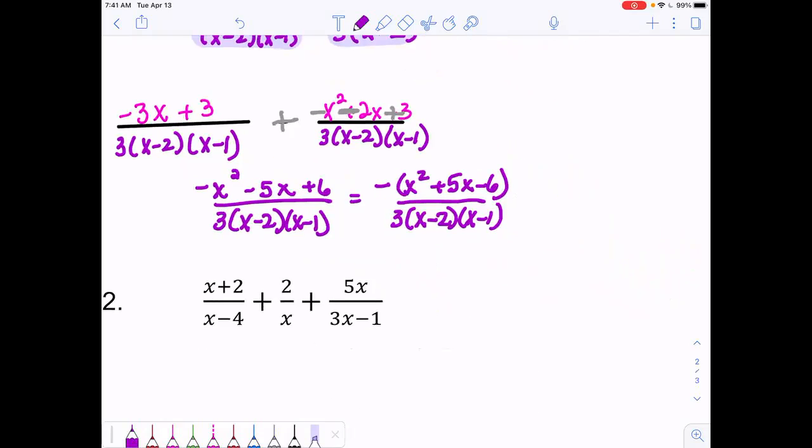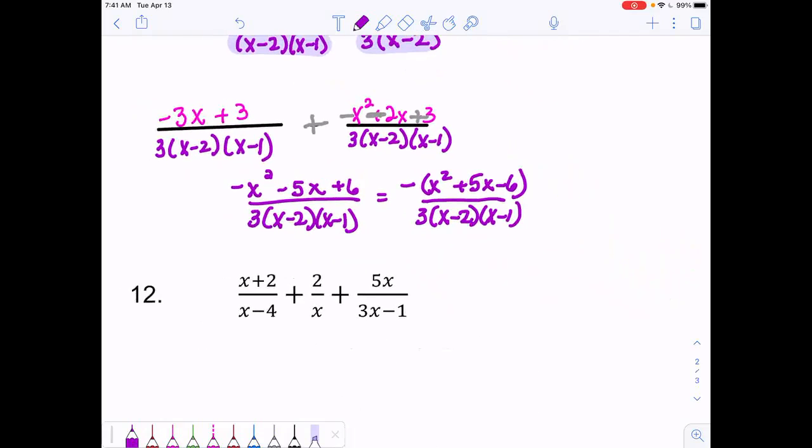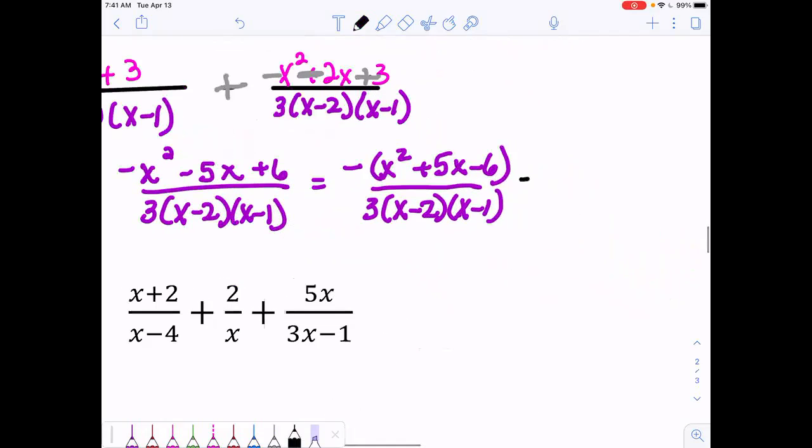The parentheses looks like it's factorable. Jordan, could we factor x squared plus 5x minus 6? Yeah. Perfect. What do you notice when you factor that?